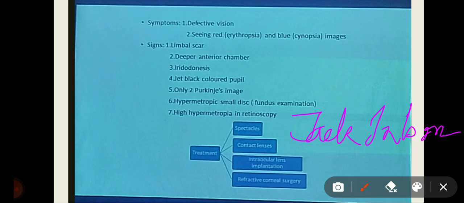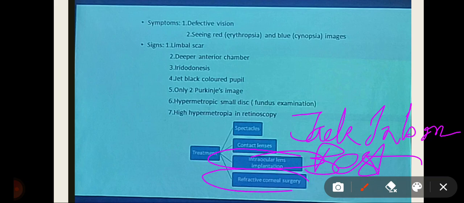And intraocular lens implantation is the best method available for correcting the aphakia. Therefore, it is the commonest modality being employed nowadays. Primary intraocular lens implantation is done during cataract surgery. Secondary intraocular lens implantation is done in already aphakic patients.